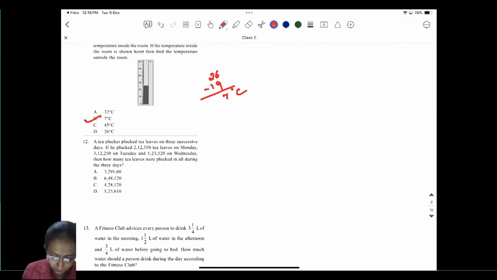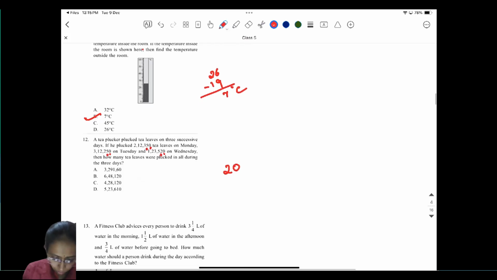So the unit digit 0, 0 and 0 combined will add to 0 only. Then the tens digit is 2, 5, 7 and again 5. That is 12. So carry on 1. Now 1 and 3, 4, 5, 9, 10, 11, 1.